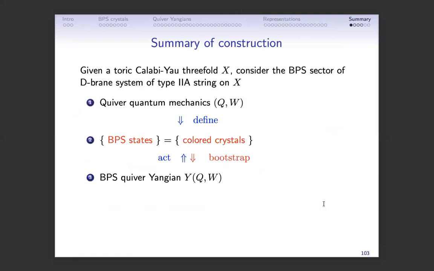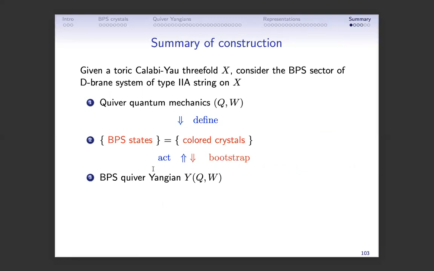So let me now summarize. For a generic toric Calabi-Yau threefold, we consider the BPS sector of the D-brane system of type 2A string on this threefold. We start from the effective description of the quiver quantum mechanics and see that the BPS states are given by the set of colored crystals.